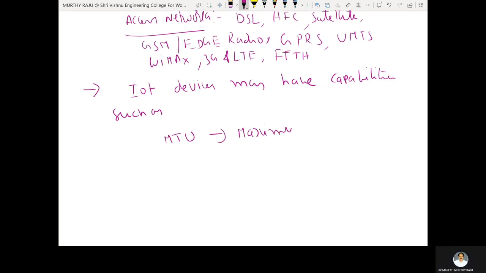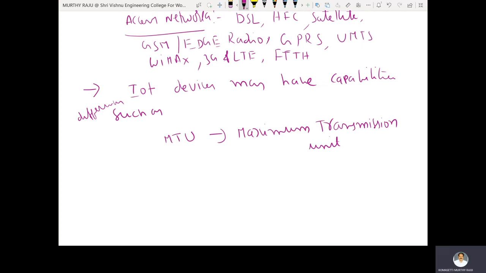First, some devices produce more data, some devices produce less data.